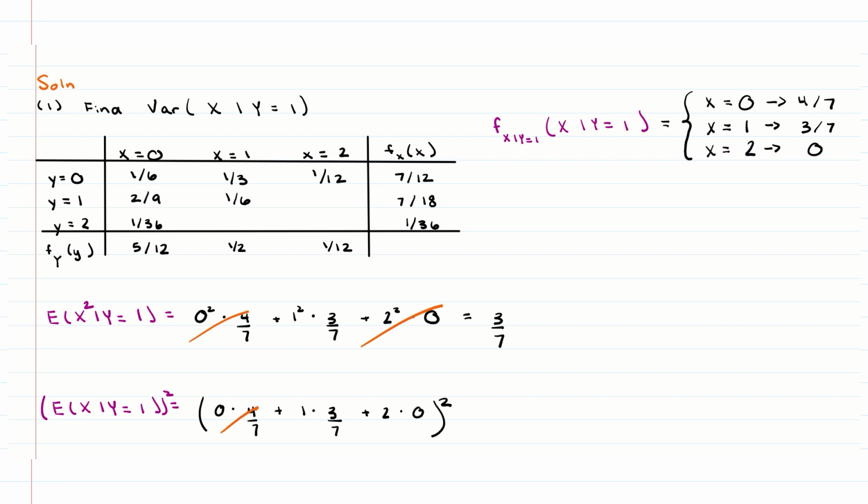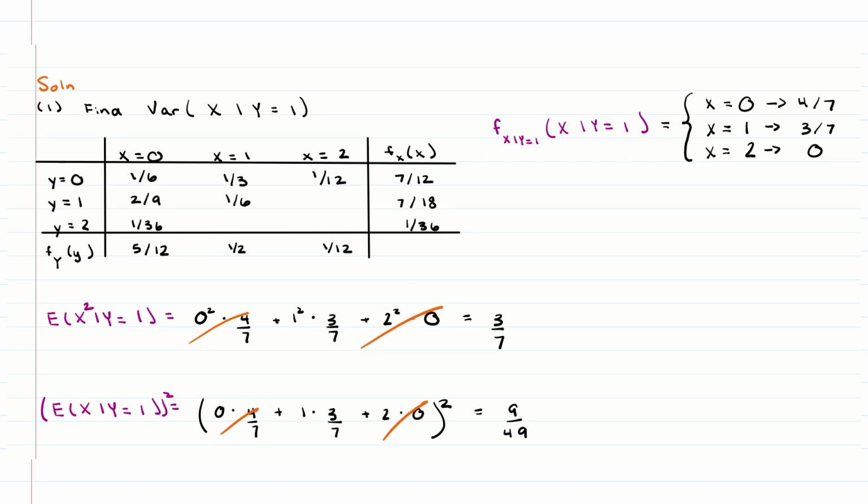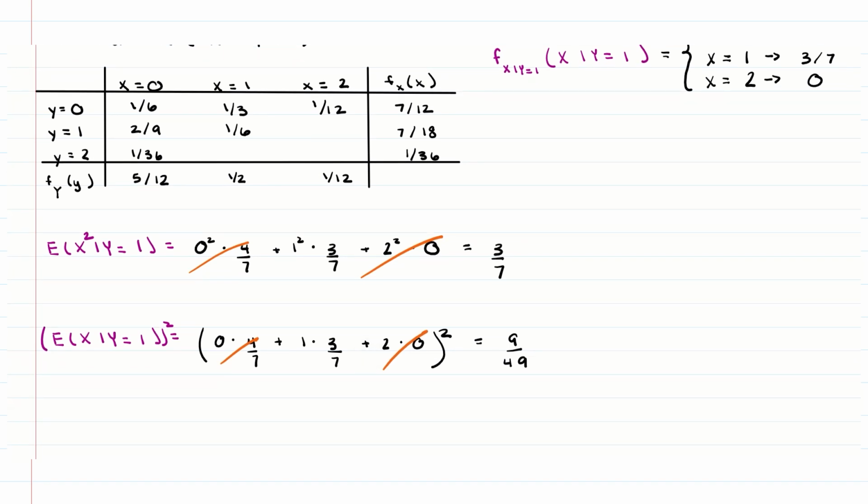These two pieces equal 0, so that leaves us with 3 over 7 squared, which equals 9 over 49. Now we can subtract these two pieces to get our conditional variance. That is 3 over 7 minus 9 over 49, which equals 12 over 49. So that's our conditional variance.